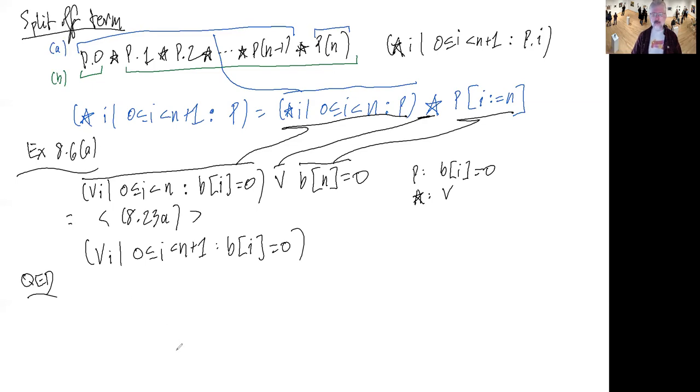So hopefully that's helpful. The other question was about range or body weakening and strengthening. It was essentially to do one of the range weakening strengthening problems from chapter 9, where you had an implication in the theorem instead of an equivalence.